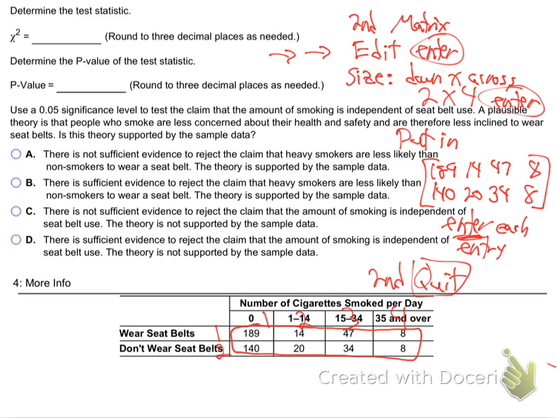And then when you're all done with that, you'll hit stat, and tests, and chi-square test. So not goodness of fit, just plain chi-square test, because this is a test for independence. This is not goodness of fit.